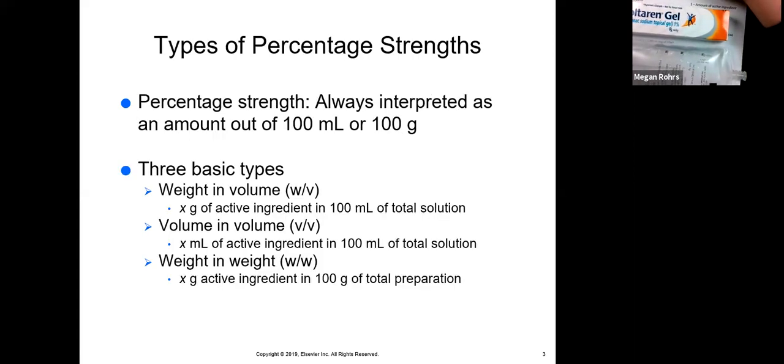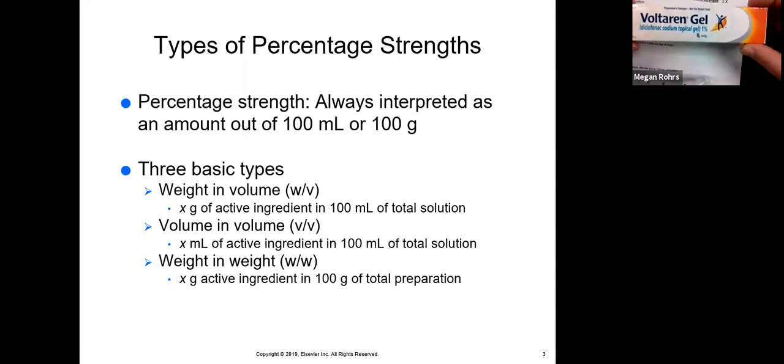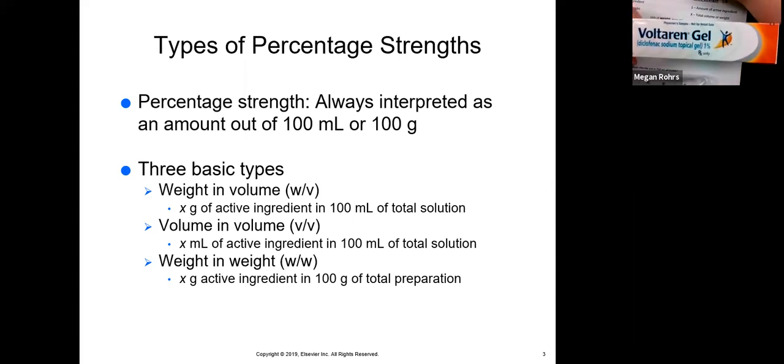Percentage strength is always interpreted as an amount of active ingredient in every 100 milliliters or 100 grams. Depending on the type of drug we're looking at, that's going to determine which units we're using. For example, this is Voltaren gel. I'll show you this here closer up.